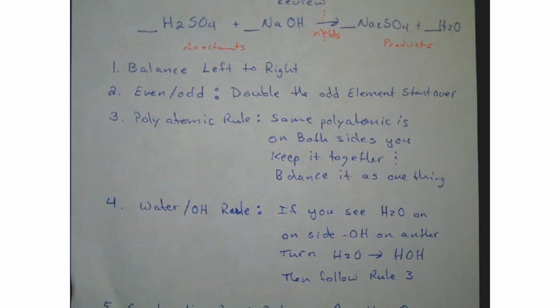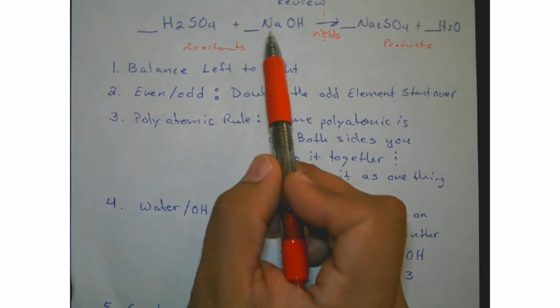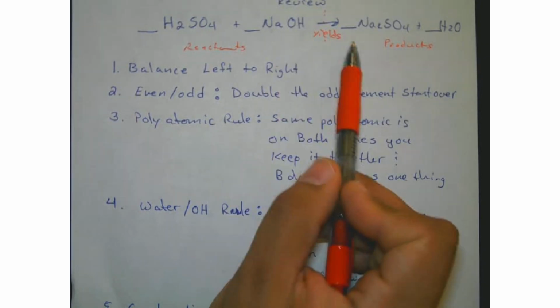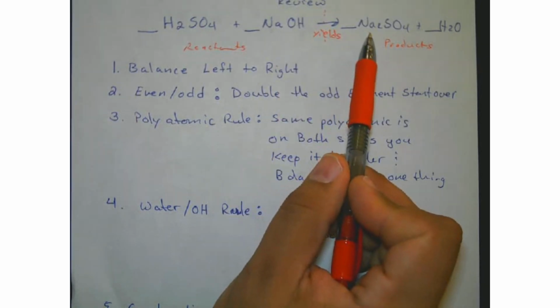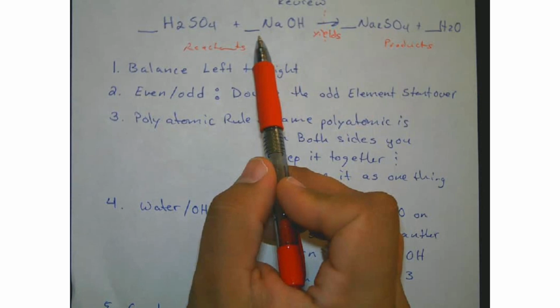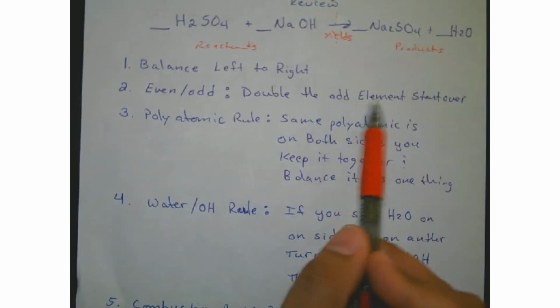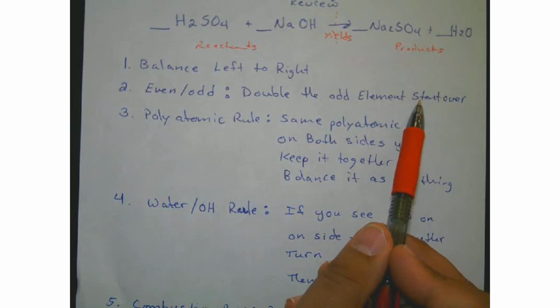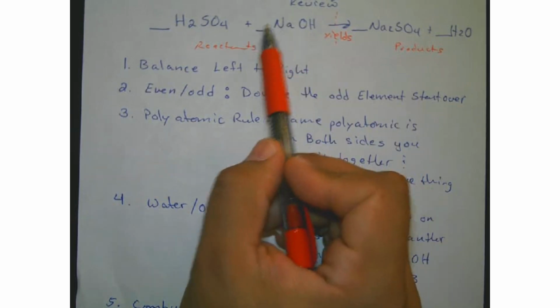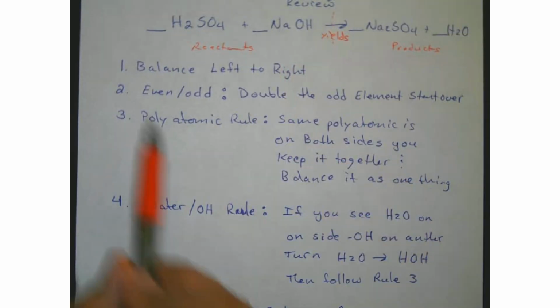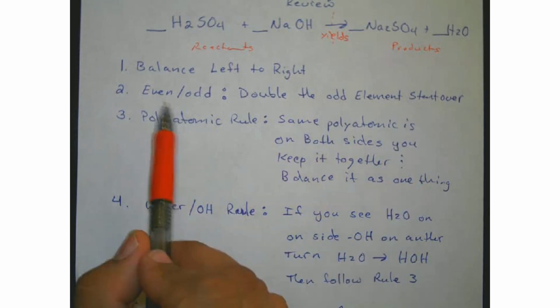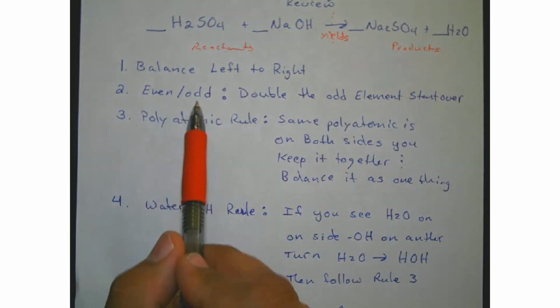You might end up in a situation where you have, look at right here, 1 sodium and 2 sodiums over here. So the 1 is odd, the 2 is even, so we're going to double the odd element and start completely over. To double this guy, you'd have to put a 2 in front of it, okay? So double the odd guy and start all over if you end up with an even-odd situation.